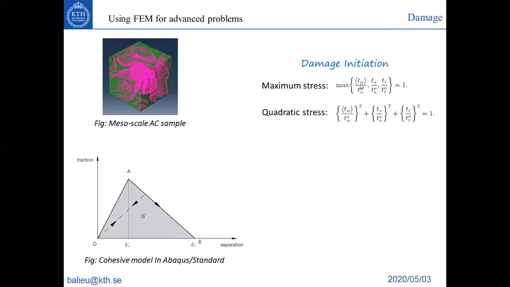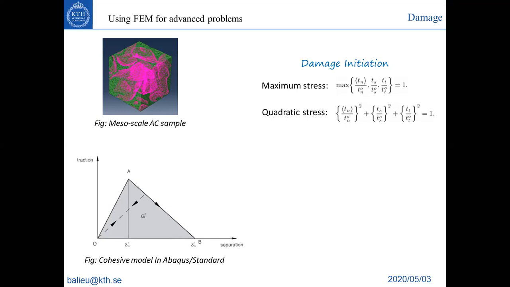Here, if one ratio is equal to 1, the damage starts. In this quadratic criterion, it is a combination. If the combination of the ratios is equal to 1, the damage starts. So this is for the yield, this is when the damage will start.